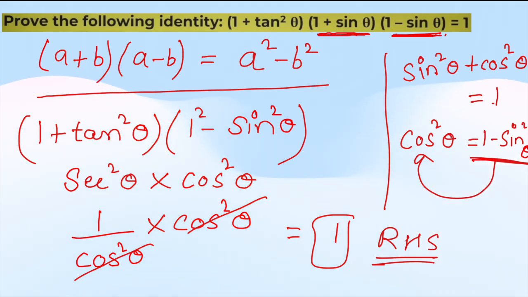And the third thing you should learn is sine square theta plus cos square theta equals 1, 1 plus tan square theta is sec square theta, and 1 plus cot square theta is cosec square theta. All these identities you should learn, then only you can solve the questions. Otherwise it will be difficult for you, because in each and every question we just have to convert the trigonometric ratios and you will get the answer.